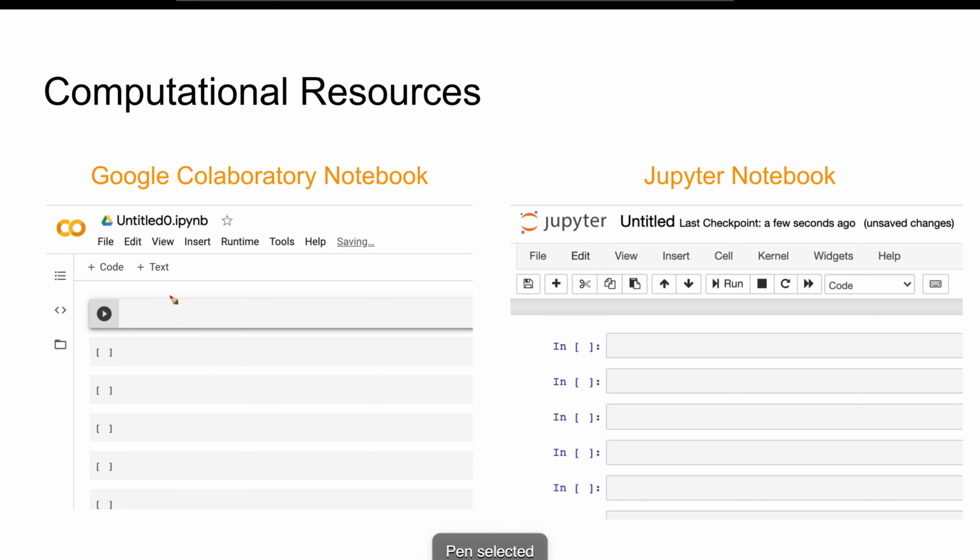As you can see, similar to the Jupyter notebook here on the right hand side, the method is the same. You have each of these cells, and each cell has a play button, so you can run that to run the code within this particular cell. And we have a similar interface in Jupyter notebook.